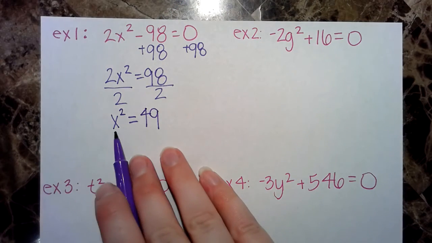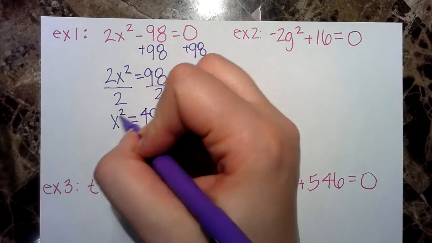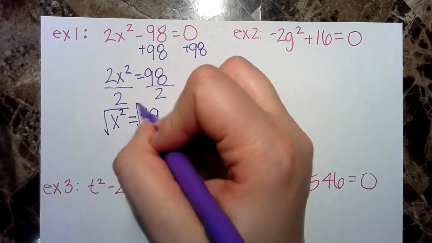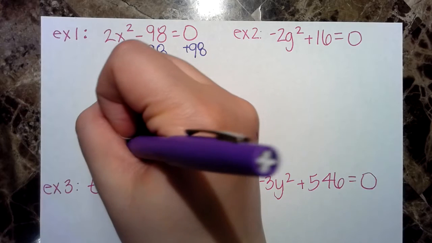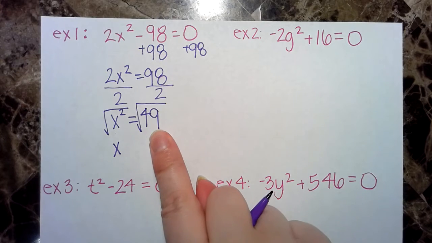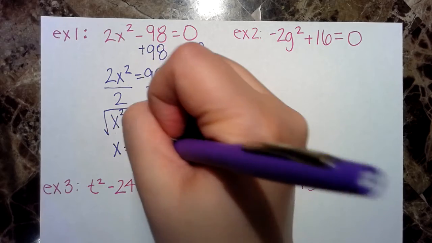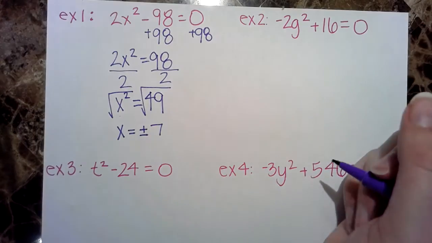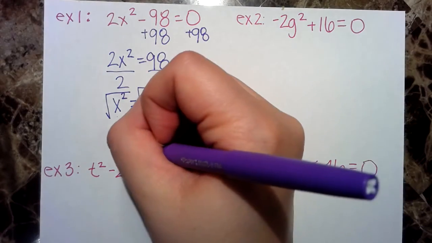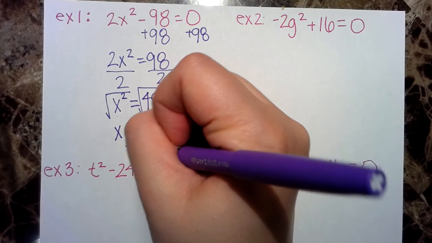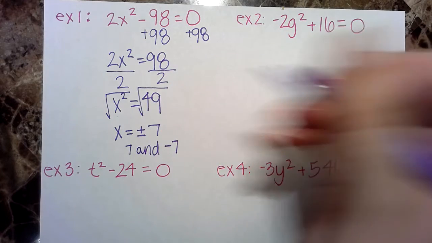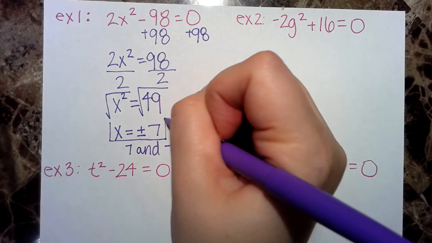We're then still trying to get x by itself. So to get rid of the squared value, you're going to take the square root of both sides. So I'm going to be left with, because this is a perfect square value, x equals plus or minus 7. That represents that it's 7 and negative 7 for my answer. That's what that plus or minus stands for.